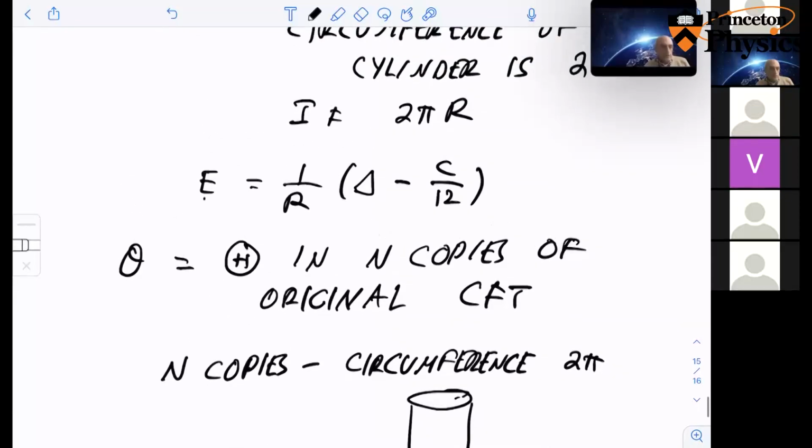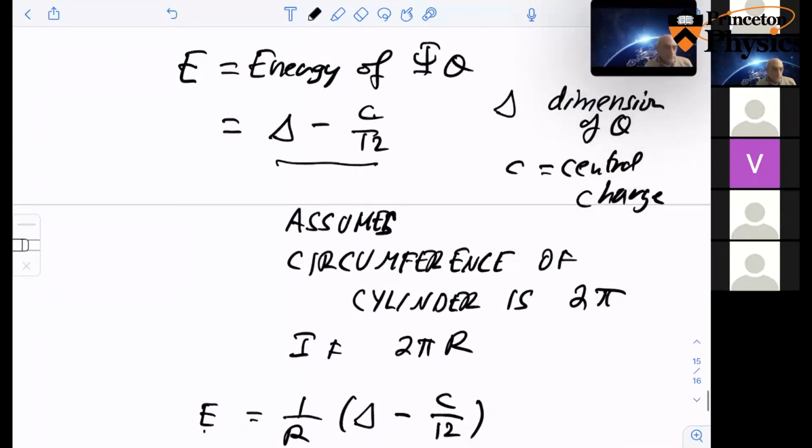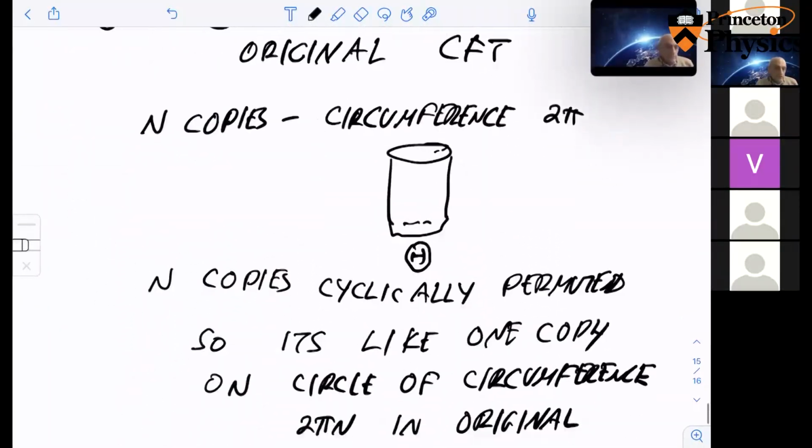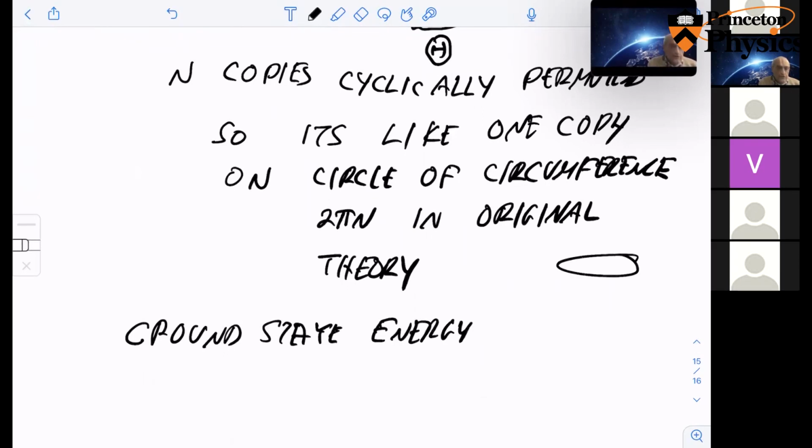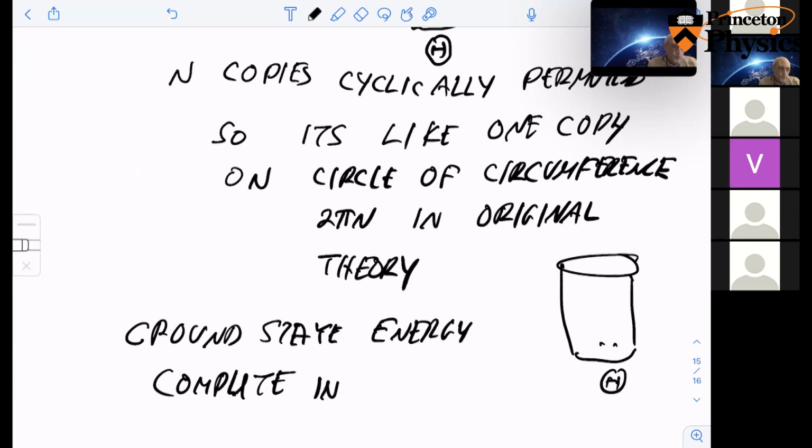So the ground state energy in the presence of theta will be computed in this description.